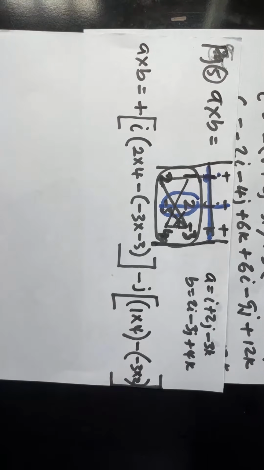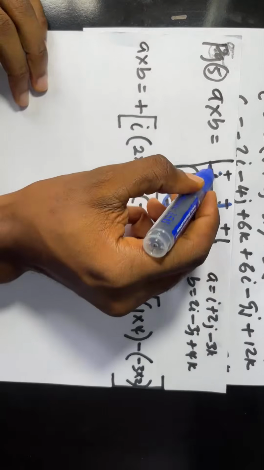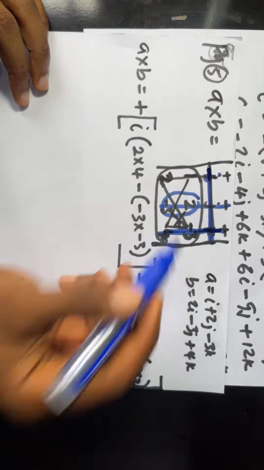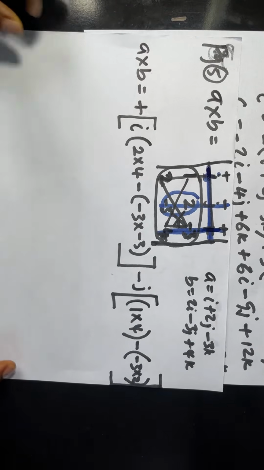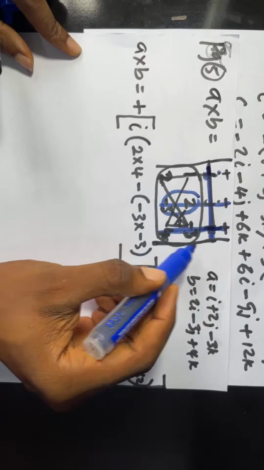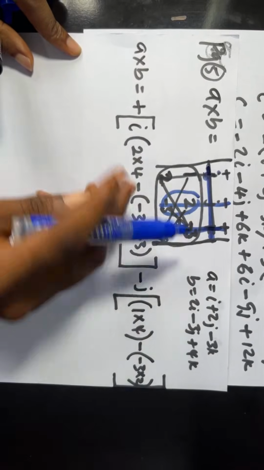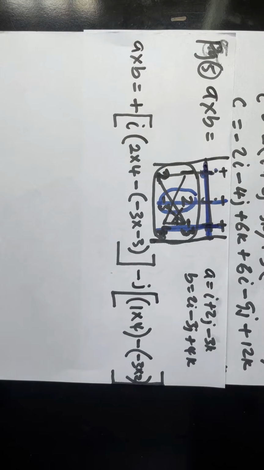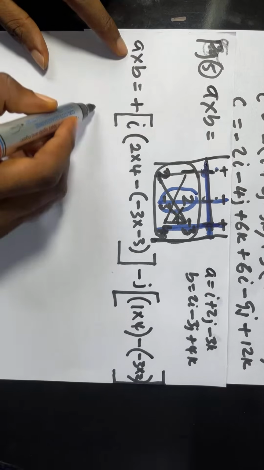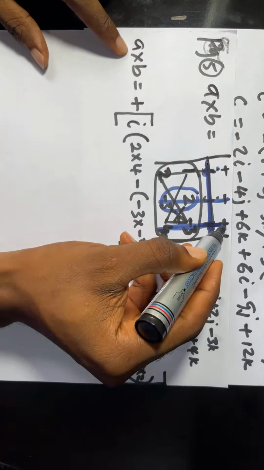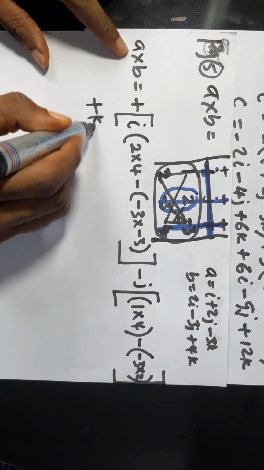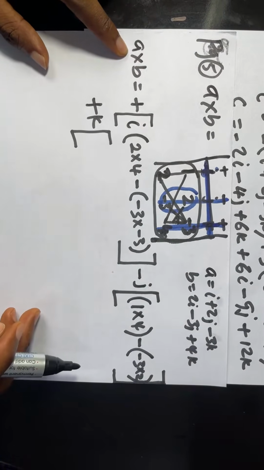Now the last one is here and still here and here. That means anything we are multiplying, we are not touching any line that is crossed by any number or letter that is crossed by the line. So therefore, I'll say, where is the point of intersection? Plus k. So plus k, open a very big bracket.